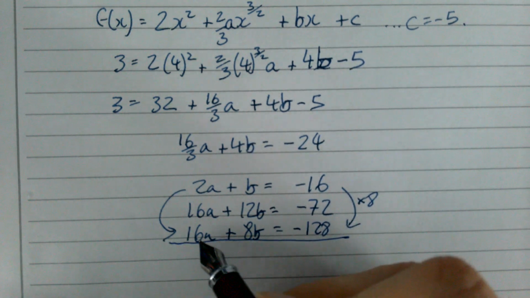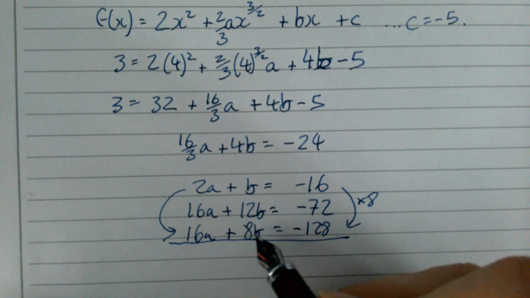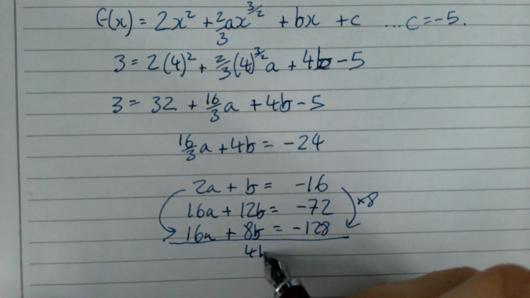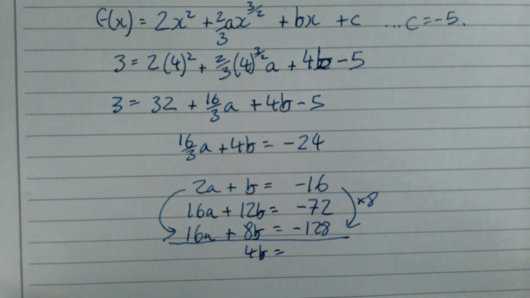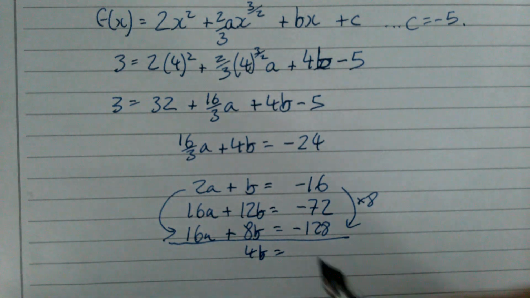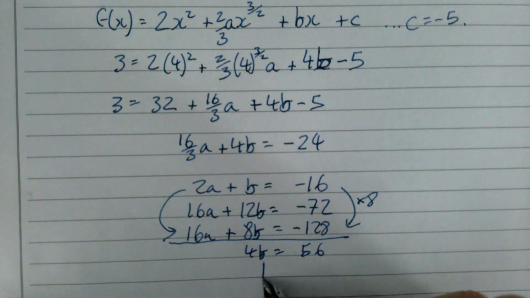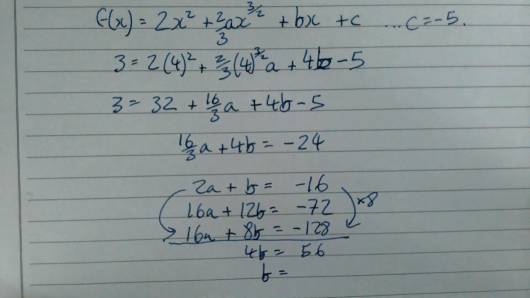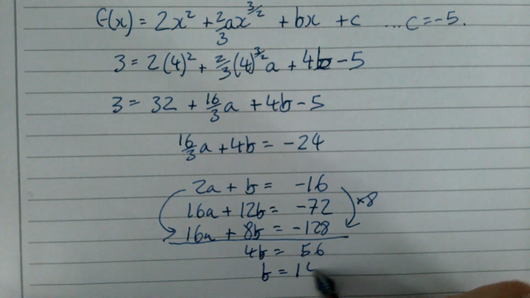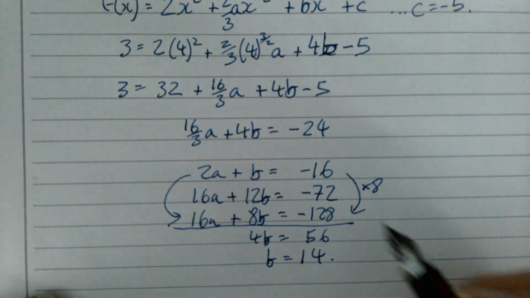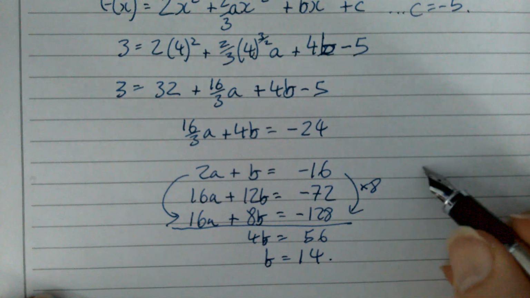I could then take this from this. 8 from 12 is 4b is going to be negative 72 plus 128 is 56. Divide by 4 gives me 14 for b, and then substitute back into here.